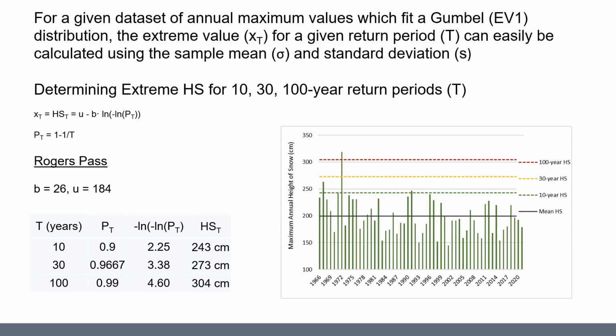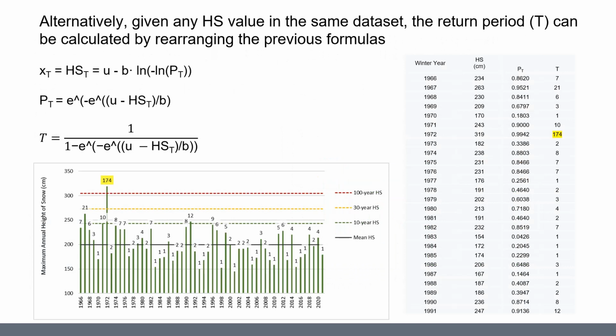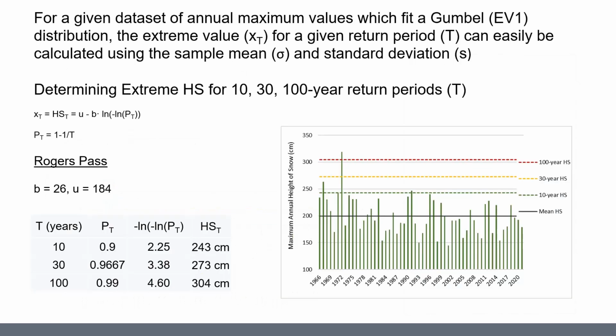You can see a couple other events which have exceeded the 10-year value. This method is common for design purposes. If you wanted to know your 100-year height of snow at some location, you could do it this way.